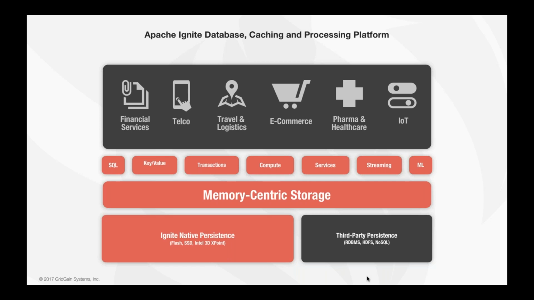One of the other nice features that they added last year, if we look at the bottom left, is Ignite native persistence. The idea here is that in this mode, Ignite can persist the data beyond the lifetime of the process that created it without you requiring some third-party persistence to manage that data for you.